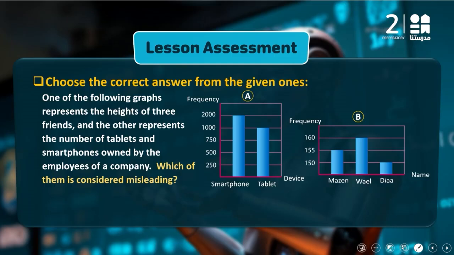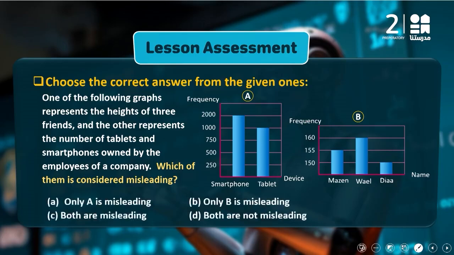Let's look at the scale: 250, 500, 750, 1000. Let's look at figure B. On the horizontal axis we have names, and the vertical axis represents frequency. Let's look at the scale: 150, 155, 116. So this is an unequal scale. So we can say that only B is misleading.